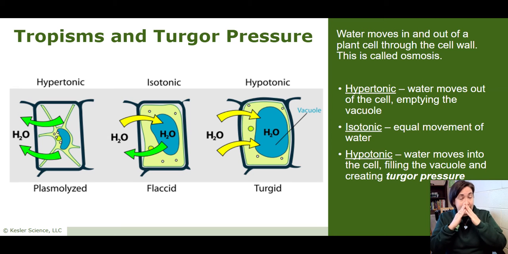Isosceles triangle, the two sides are the same. So equal movement of water in and out of the cell. And then we have hypotonic. Hypo means too little is leaving the cell. So water keeps filling it up, creating turgor pressure. You can see the cell wall is really firm.